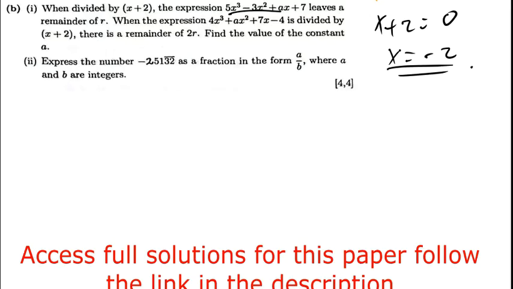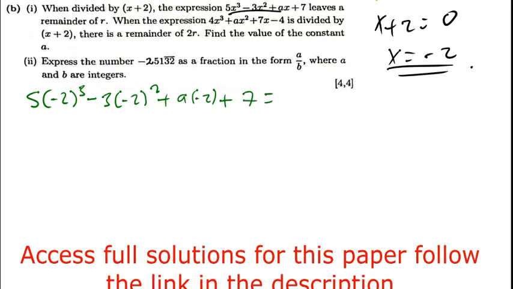So let's start with the first one. 5, I plug in negative 2 raised to the power 3, minus 3, then negative 2 raised to the power 2, plus a times negative 2, plus 7. This should be equated equal to r. That's the remainder.